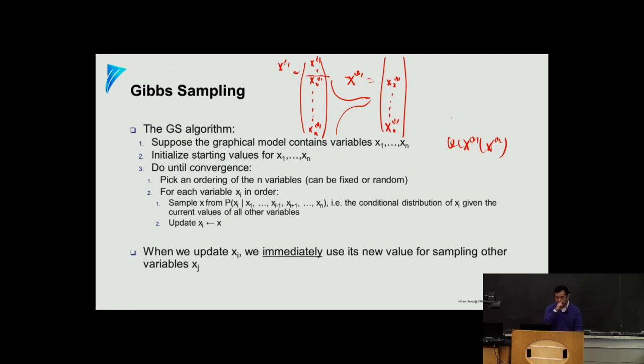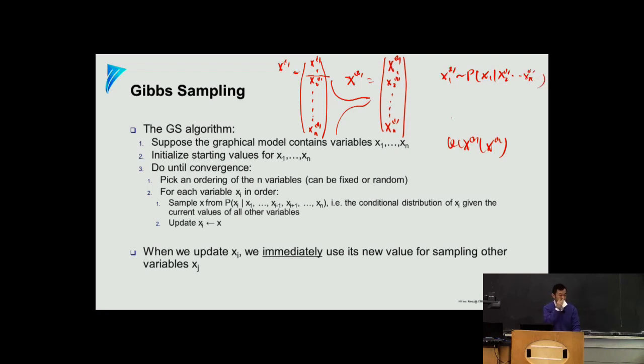All the entries except the first one are going to be the same as my previous sample, except this one is going to be replaced with a new sample. And this new sample comes from the conditional distribution p of x1 given all the others from the previous time point.